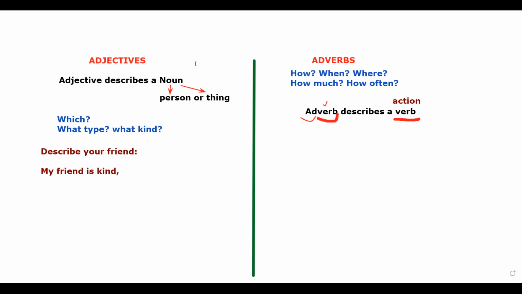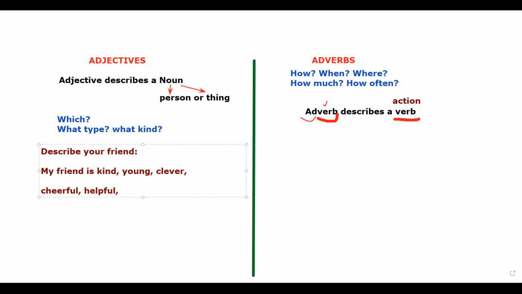So let's come back to my friend. So my friend is nice. What other nice words, adjectives, can you use here? Well, for example, you can say Jan. Jan is describing a person, right? This is an adjective. Clever. My friend is clever. My friend is cheerful. My friend is helpful.